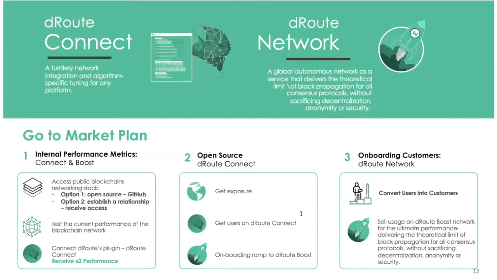And the other thing is, this is how we go to the market. This is open source, and we have a switch in there where if you want to use the global DRoute network that I was talking about, you just turn on the switch, and now you're going to get much better performance, even more than what DRoute Connect could give you, right? So that's the model: you can start out with DRoute Connect, and you can flip a switch to connect to the DRoute network to get a much higher degree of performance in TPS.